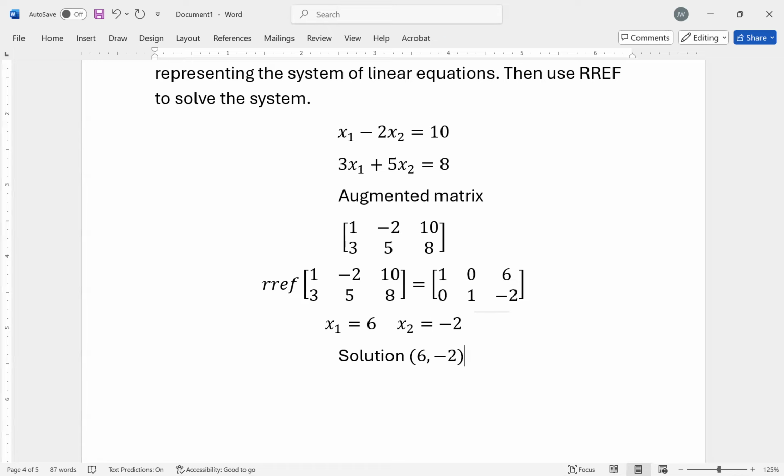And that's it. The whole thing comes down to being able to force an augmented matrix into row-reduced echelon form. Once we do that, we can read off the solution very easily.